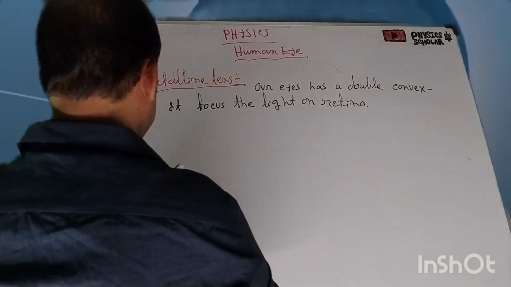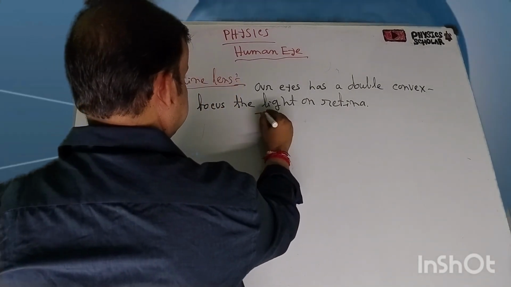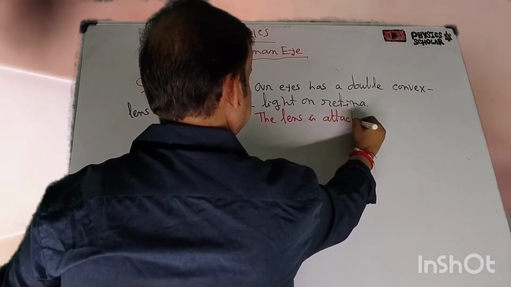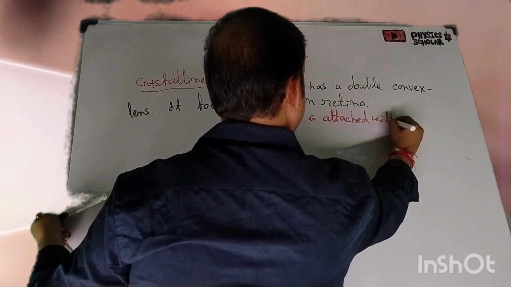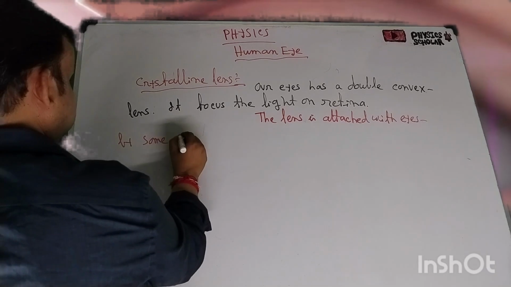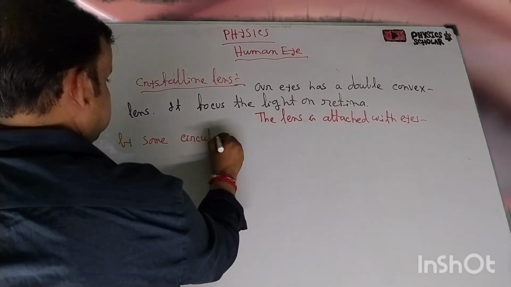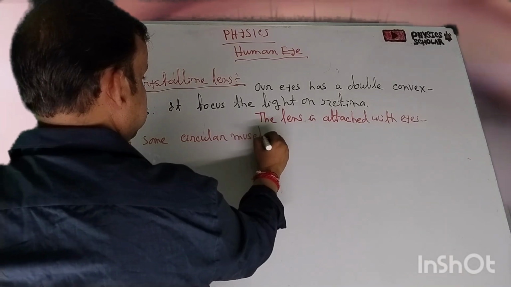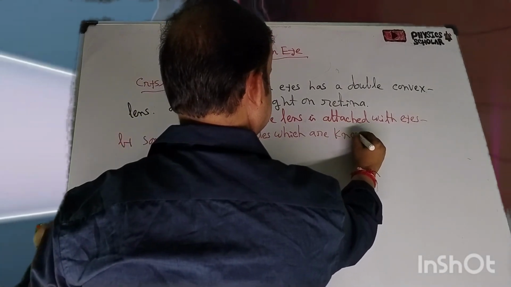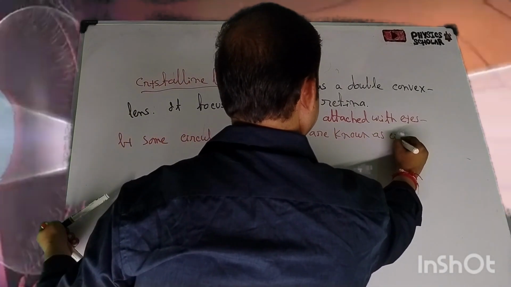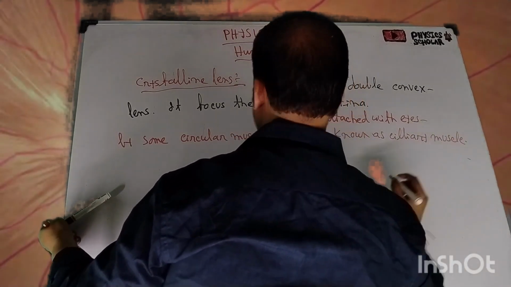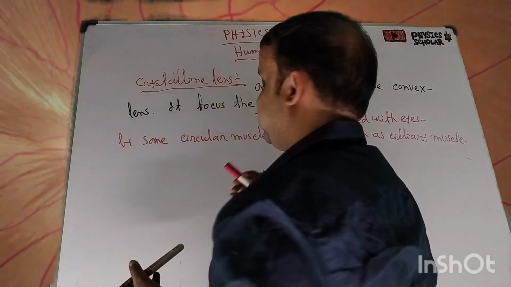Now the thing is that the lens is attached to the eye by some circular muscles, which are known as ciliary muscles.